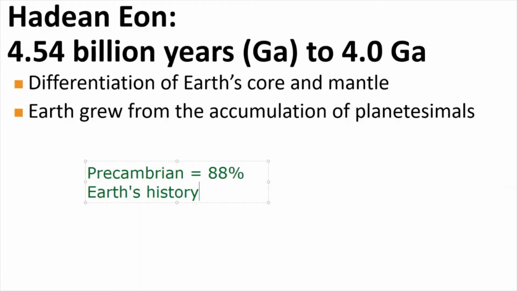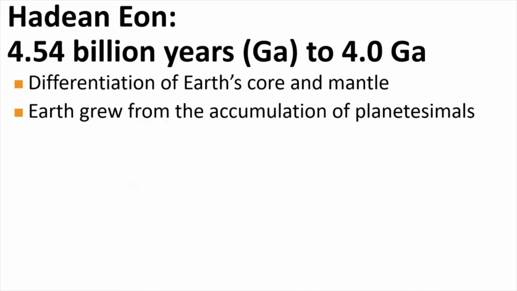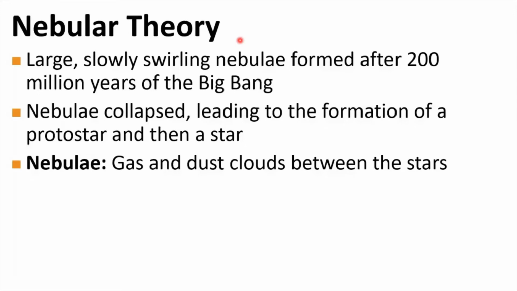And when we talk about the age of our Earth, it is 4.6 billion years old. Nebular theory discusses the formation of the solar system, and it is where there's a large, slowly swirling nebulae.